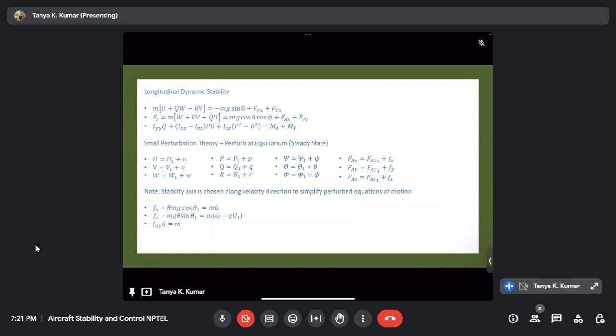What is the aircraft in equilibrium called? Trim, right? Okay, so take any such equilibrium condition, the steady state equations, and perturb the aircraft at such a condition.